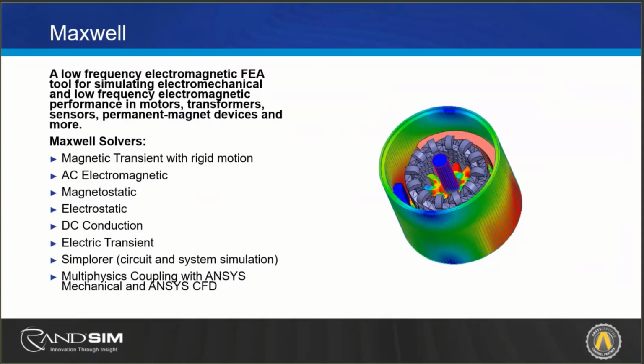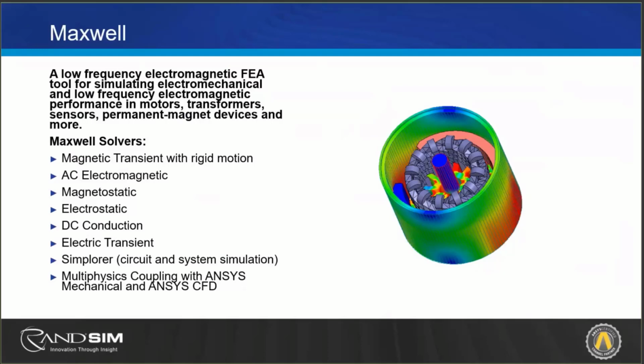The other thing that's interesting is not only are these 3D field solvers, but you can also include circuit and system simulation with your models. So now you get the benefit of not only having the 3D solver, but you have the schematic and the lumped parameter models as well.